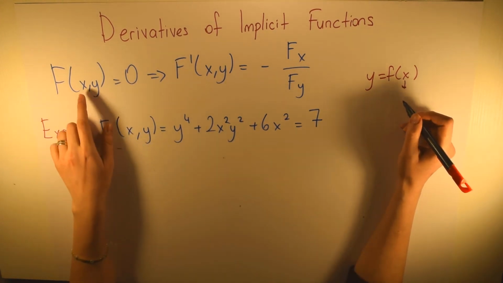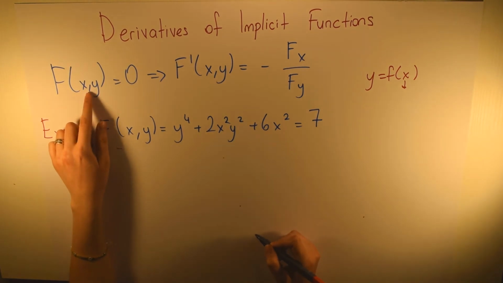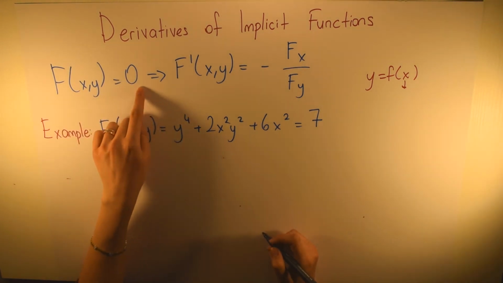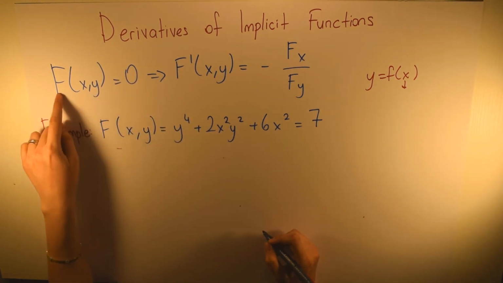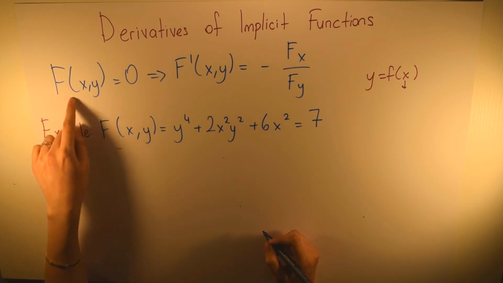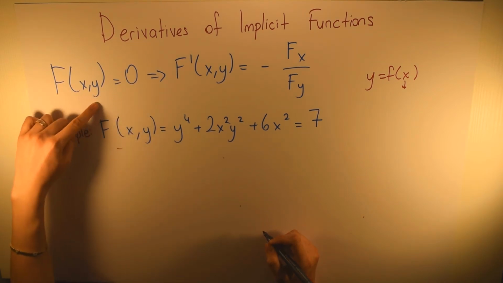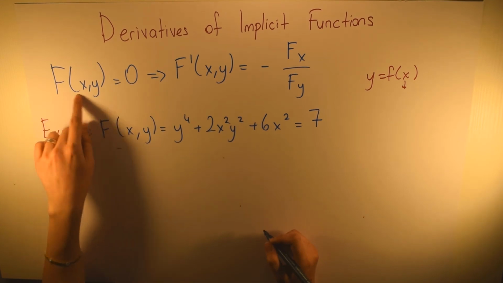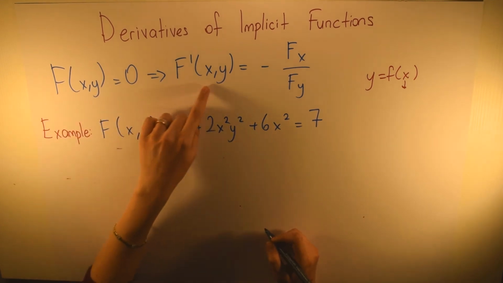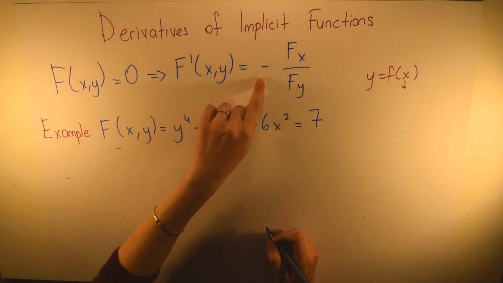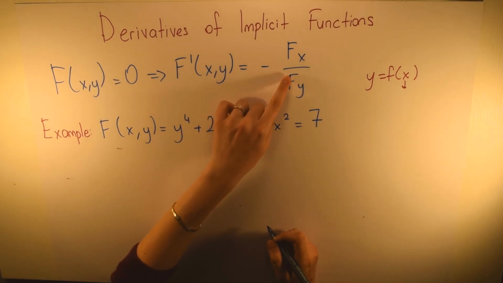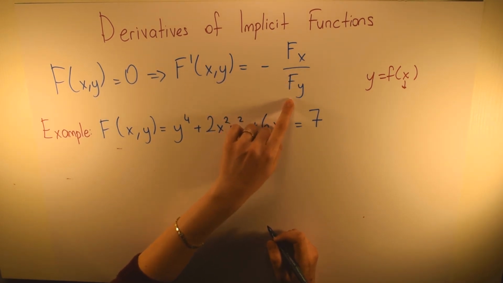For example, in our example, we have f of x, y equal to 0. So here, as you can see, our f function is dependent on x and y. So when I want to take its derivative, it's equal to minus the derivative of f with respect to x over the derivative of f with respect to y.